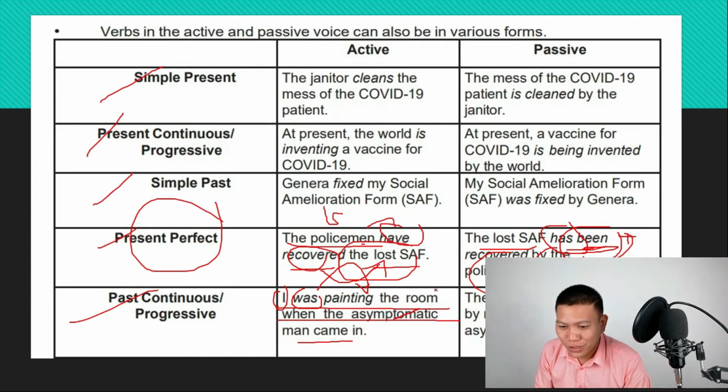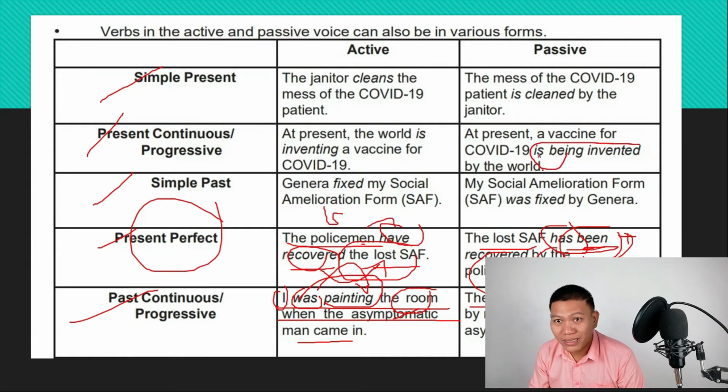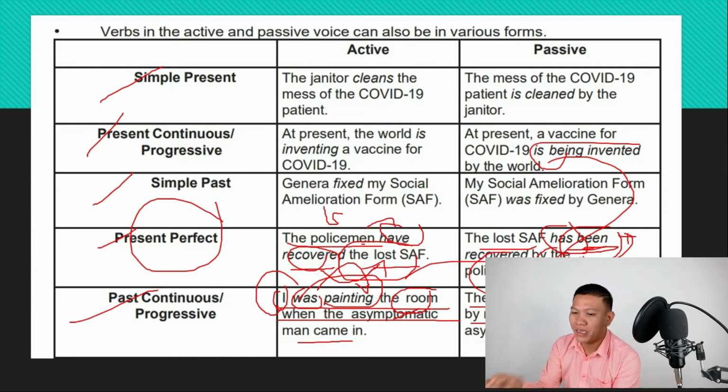Okay, so the room now becomes the subject of the passive voice. The room, then was painting, we will take it, but we will just add being plus past participle, just like is being, but this time it must be past. So was being, and then past participle, painted by me, since the subject is I. By me, we make it object, I, me, when the asymptomatic man came in.